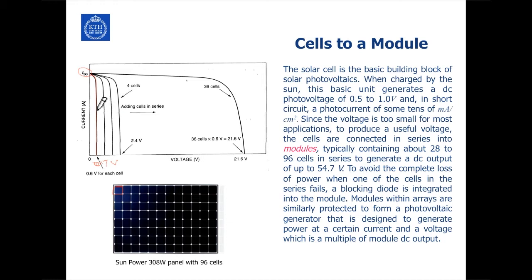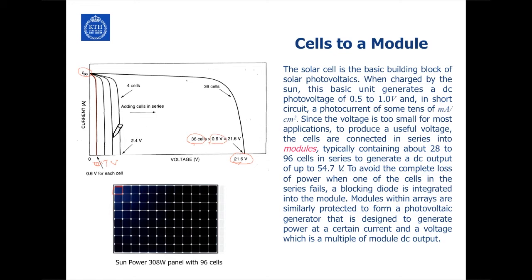So when you are adding cells in series, it looks like this. When you add them in series, what you are trying to do is increase the voltage. So if you have 96 cells, then the open circuit voltage goes to around 21.6 volts. And here in this figure, it's only about 36 cells, and they're about 0.6 volts.